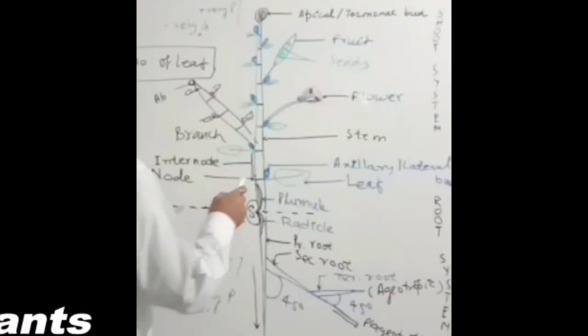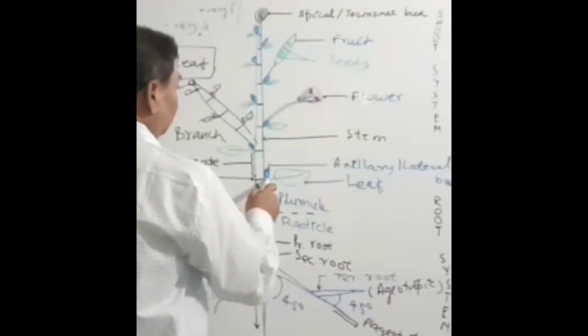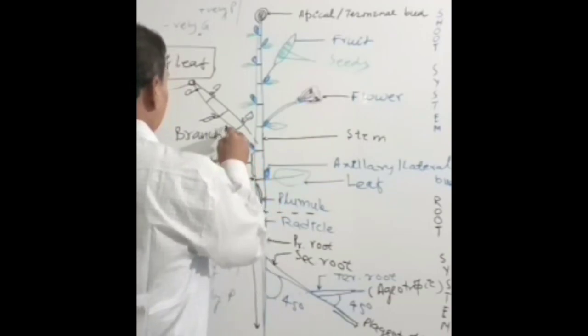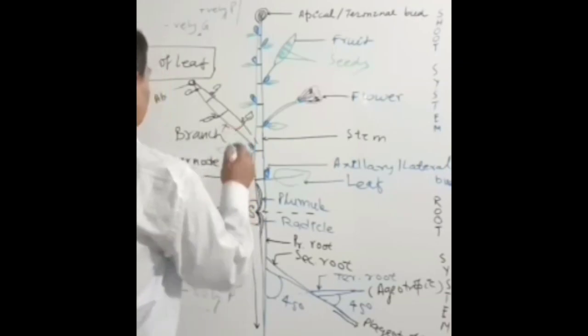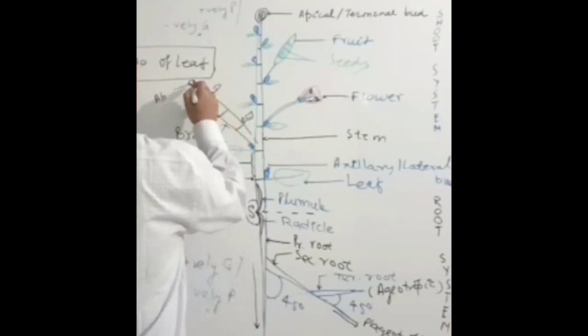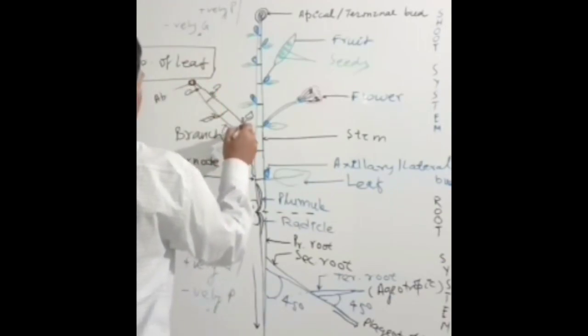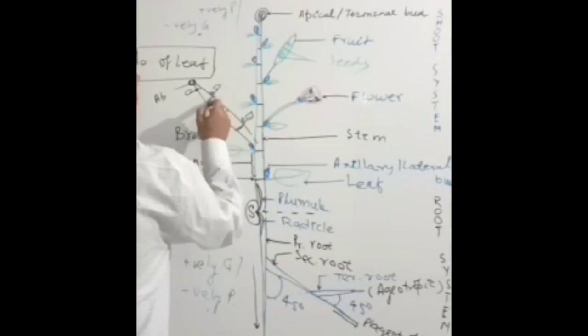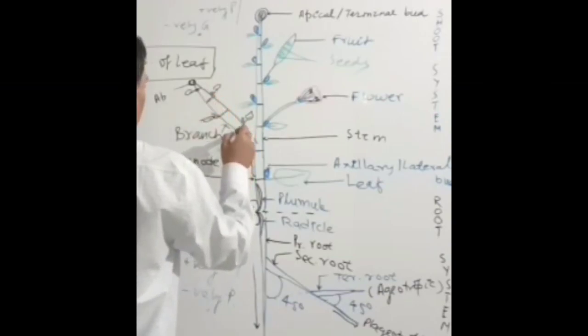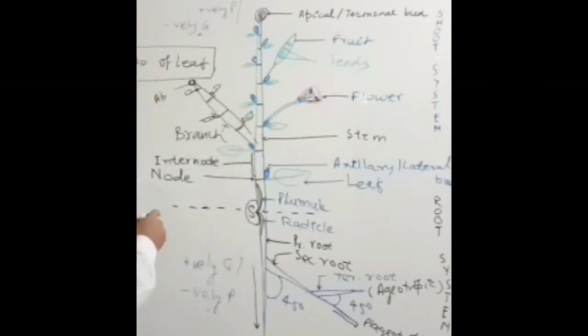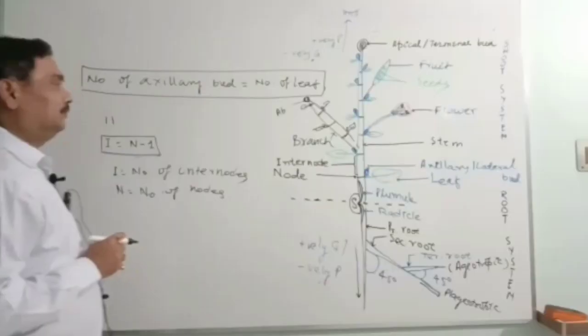The axillary bud may form either a branch or a flower. Branch is again protected by an apical bud. It is again differentiated into nodes and internodes. Node bears leaves, and in the axil of each leaf there is an axillary bud.